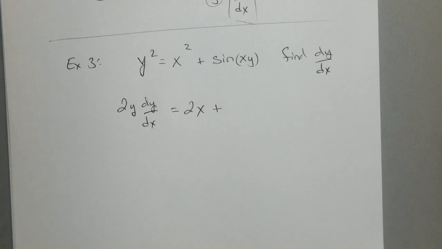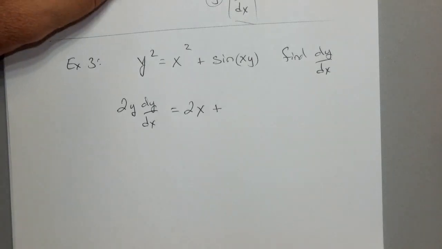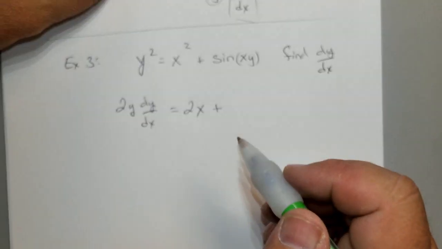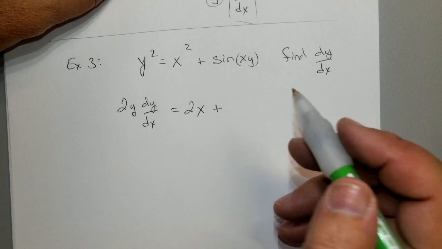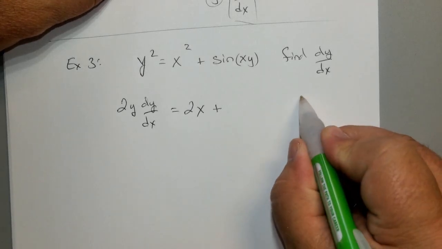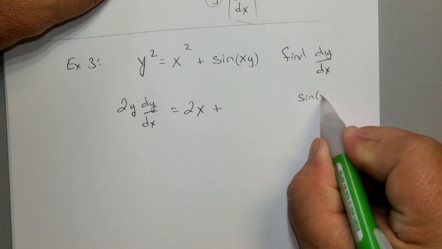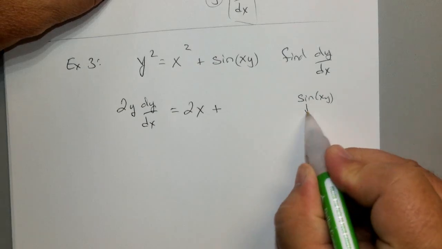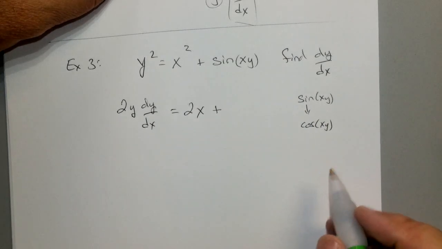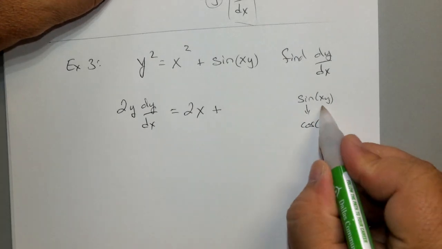What's the derivative of sine xy? What's that? But you also have to take a derivative of the inside. So we have sine xy. The derivative of sine is cosine times the derivative of the inside.